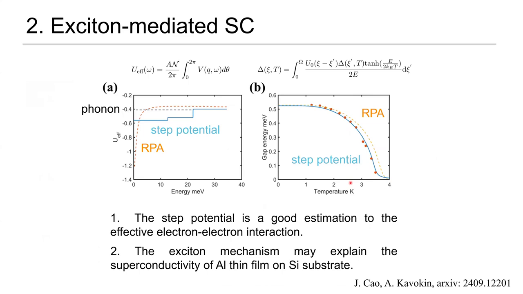But the other argument is this width dependence, because in the limit of one monolayer of aluminum, it is even higher. It is more than 4, if I remember correctly. Proximity, yes. The closer they are, excitons and electrons, the higher the critical temperature, so the stronger the impact of the excitonic mechanism. That's true.